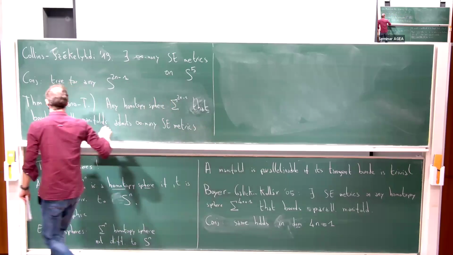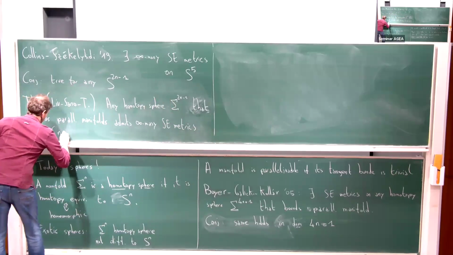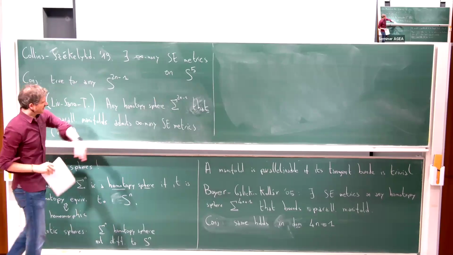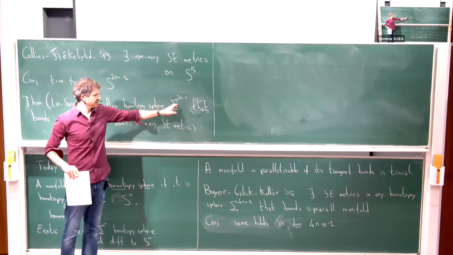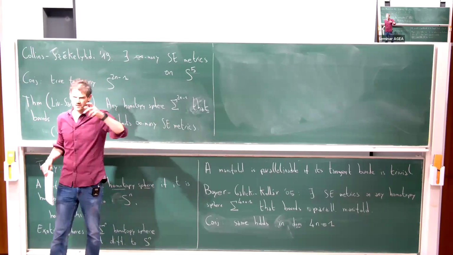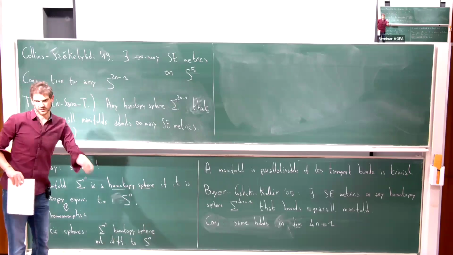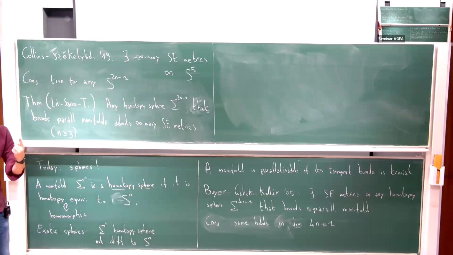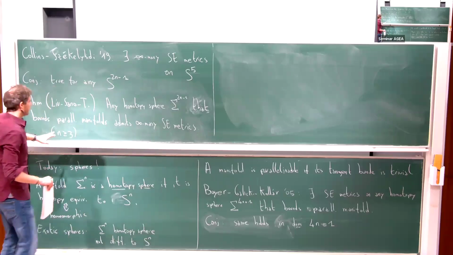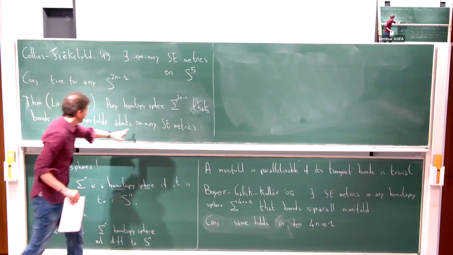So here n you have to take at least 3, because if you take n equal 2 you get dimension 3, but in dimension 3 there is only one sphere, S3, and Sasakian 3-manifolds are classified. You don't get infinitely many. I mean, up to diffeomorphism and deformation, you get only one. So here I wrote infinitely many. Hopefully, yes.